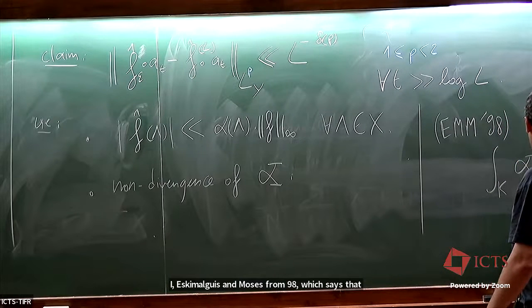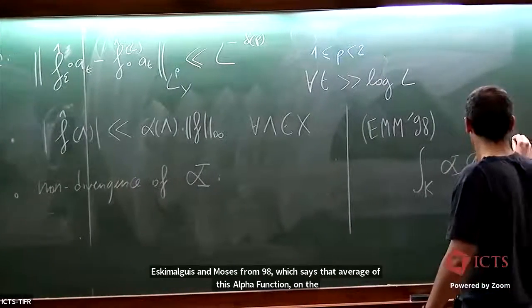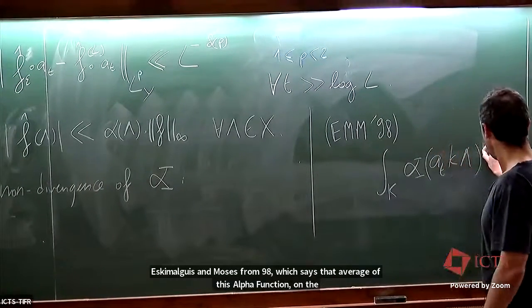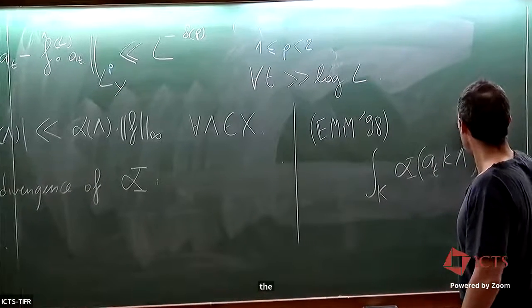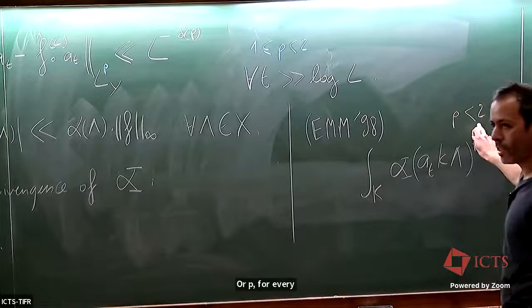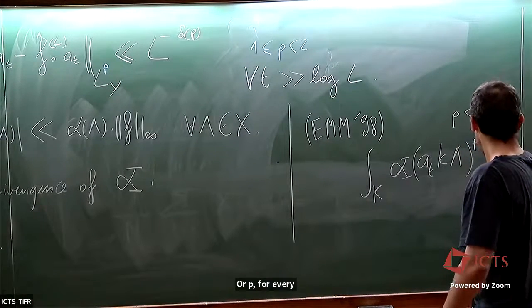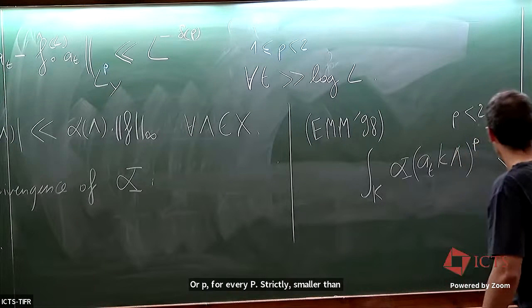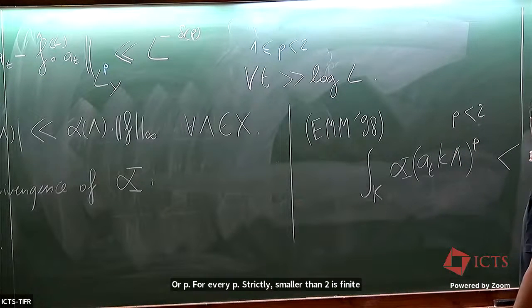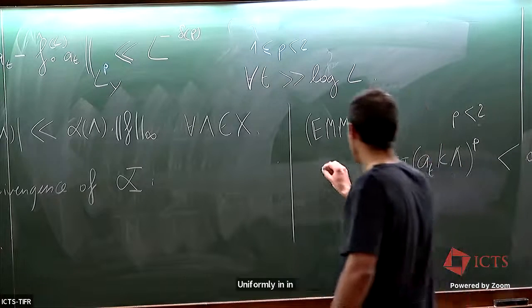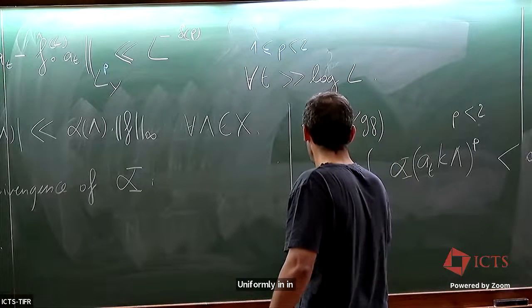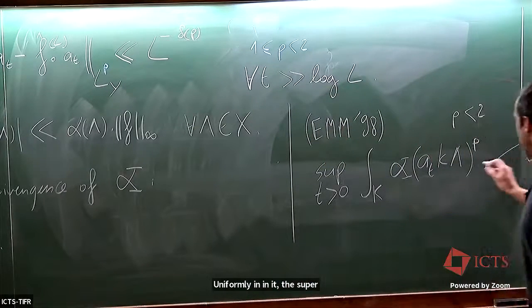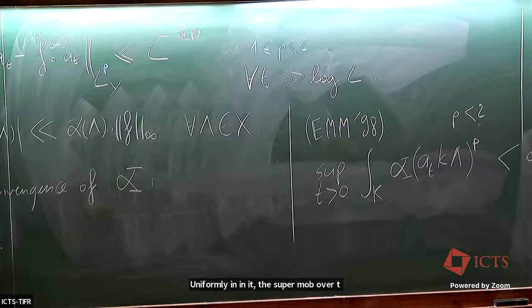function for every p strictly smaller than 2 is finite uniformly in T. The supremum over T of these averages is finite.